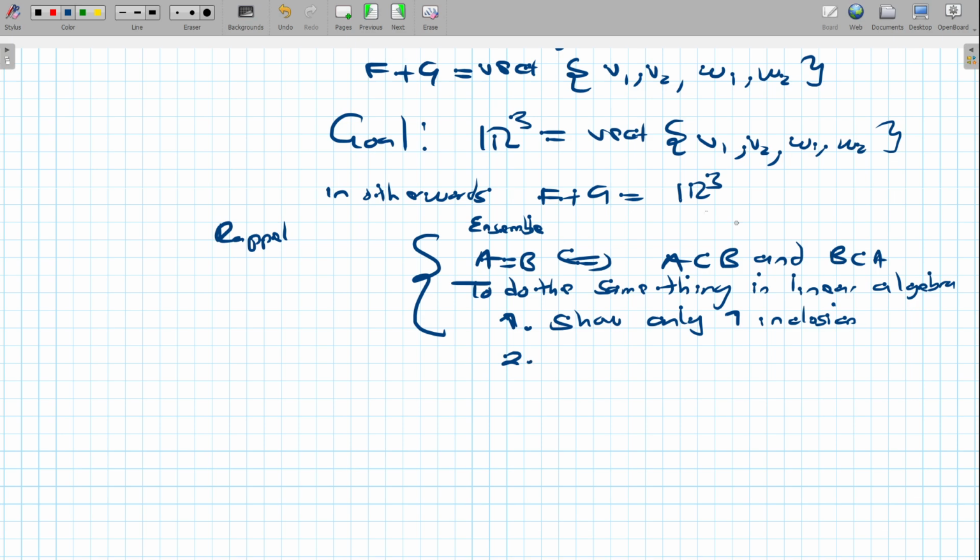And then the second point is to show that the two spaces have the same dimension.